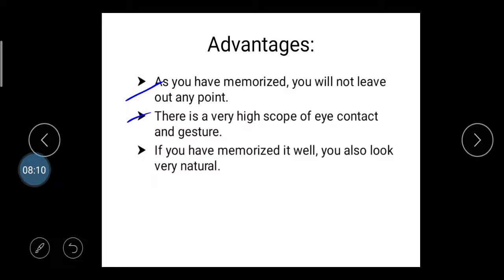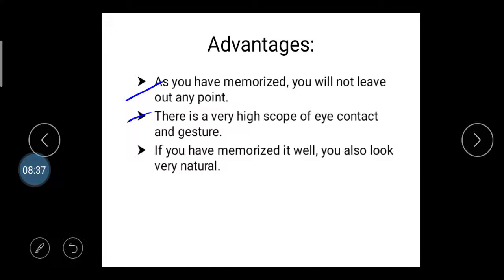Second, there is a very high scope for eye contact and gesture, because if you have notes or a script while you speak in front of the audience, eye contact is not possible. But if you have memorized your speech, eye contact with the public is possible and it creates an impact on your audience.